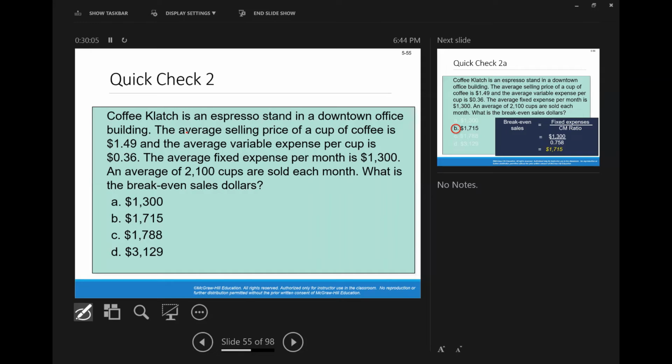So that contribution margin ratio is what we're going to use in the denominator. We have fixed costs of 1,300, and we're going to divide it by that contribution margin ratio. When you do the math, you get 1,715. Same example from earlier when we were doing the contribution margin ratio.